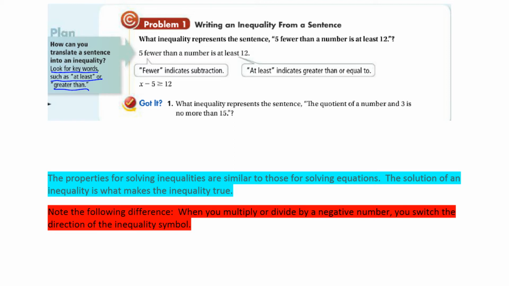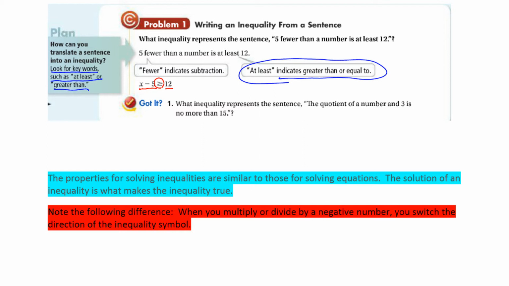In this case, we have at least 12. So the at least is going to indicate greater than or equal to. So 5 fewer than a number, we get our x minus 5, greater than or equal to 12. So you need to do got it problem 1.